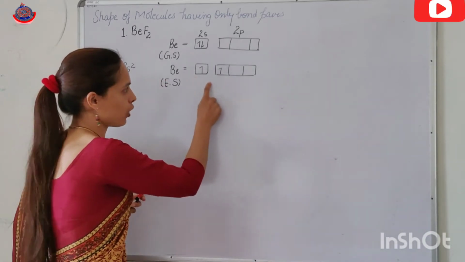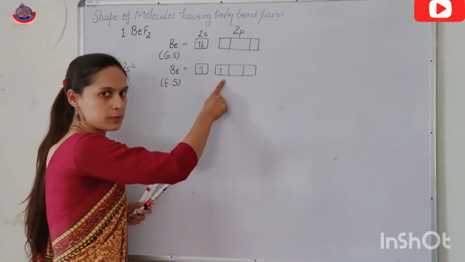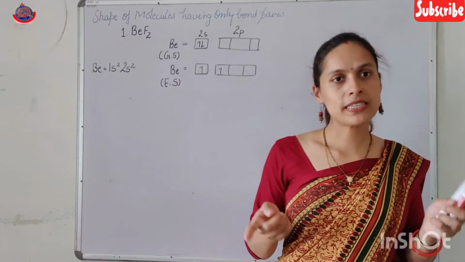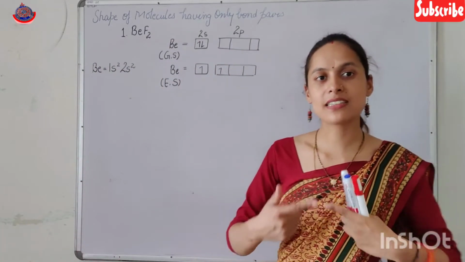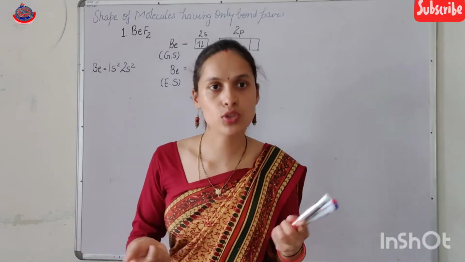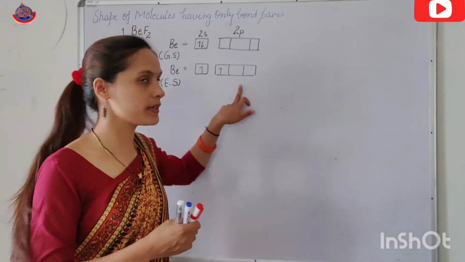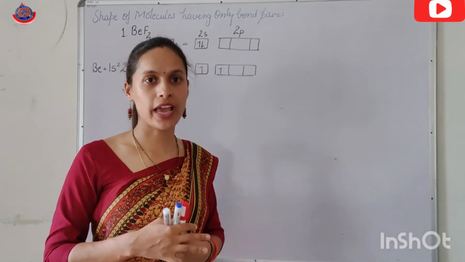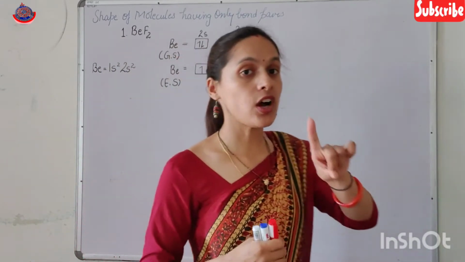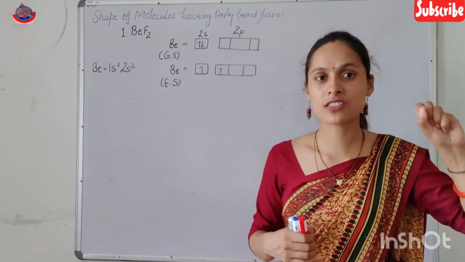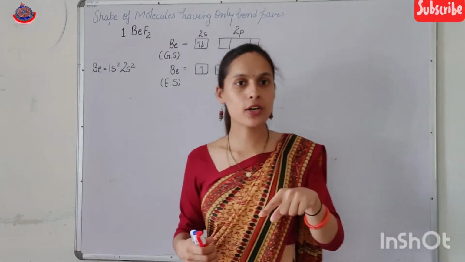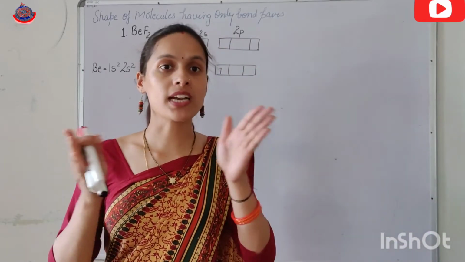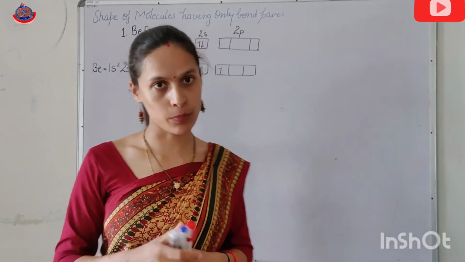So these two orbitals, one s and one p, mix with each other, as a result of which there is a redistribution of energy between these two orbitals, and we get two new orbitals which are known as hybrid orbitals. Because in hybridization we have studied that the number of hybrid orbitals is equal to the number of atomic orbitals combined during bond formation.